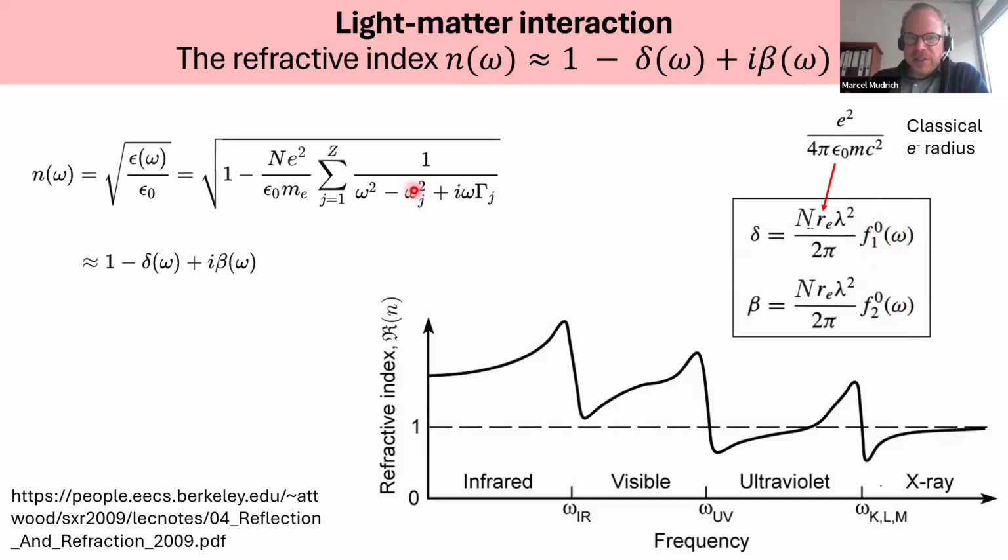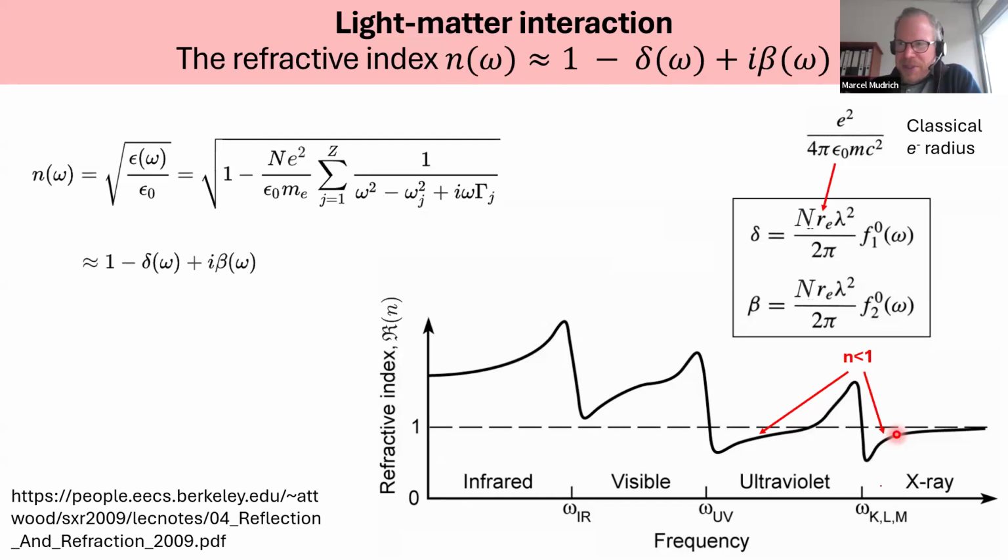These essentially contain the resonance terms. Another interesting detail is that the index of refraction in the UV, but mostly in the X-ray, can actually become smaller than 1. That might sound strange, because an index of refraction smaller than 1 would mean that the speed of light in the material is larger than the speed of light in vacuum, right?